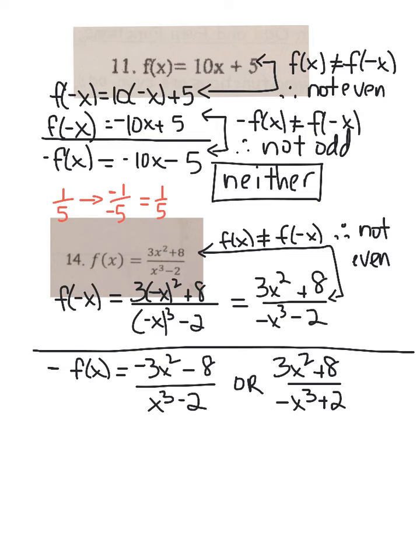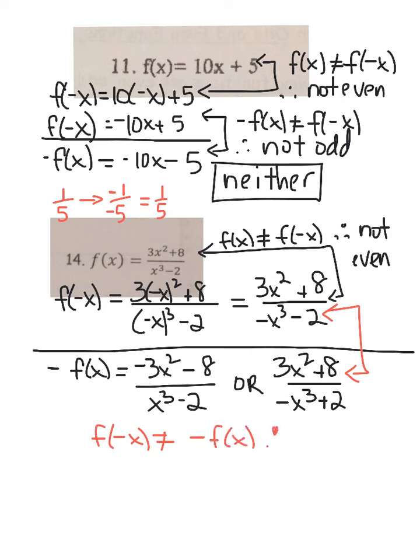Okay, so then you're looking at these two and comparing them, and I'm just going to write it down here in red because I can't fit it. So let's restate that rule. F of -x does not equal -f of x.